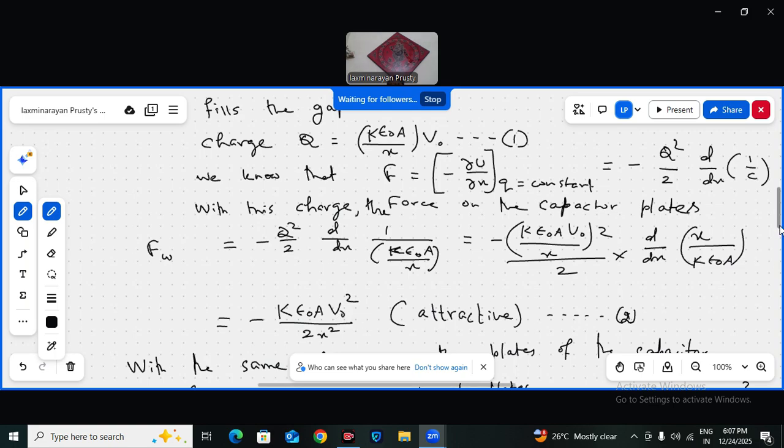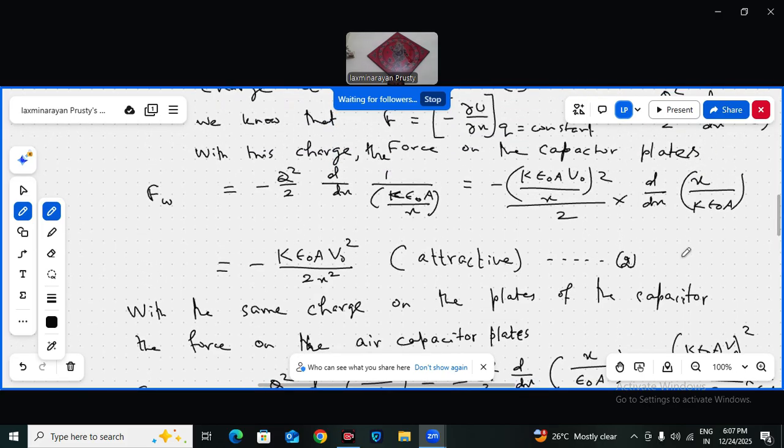FW is negative. What do you mean by negative? I discussed earlier, if you remember. This is the force on the capacitor plate when the dielectric is water. So how much is it? Minus K epsilon 0 A V0 square by 2X square.